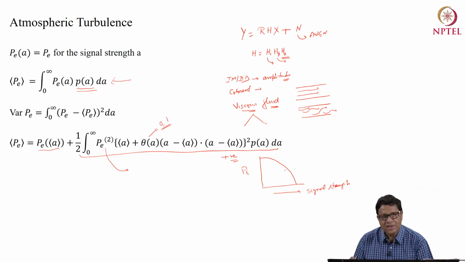Because of this nature, this quantity is going to be positive. So my average probability of error will change with the presence of turbulence in the atmosphere. This atmospheric turbulence will have an effect on the performance of the link and is going to degrade the probability of error.